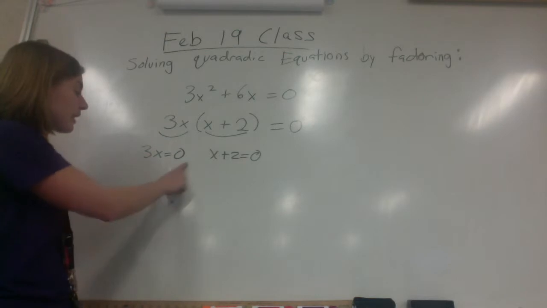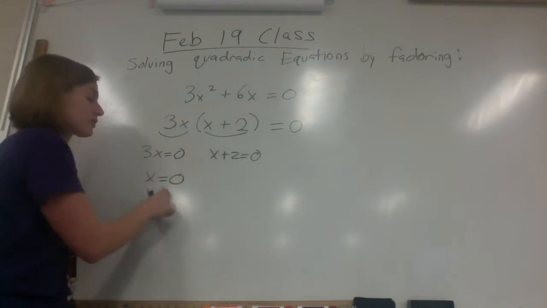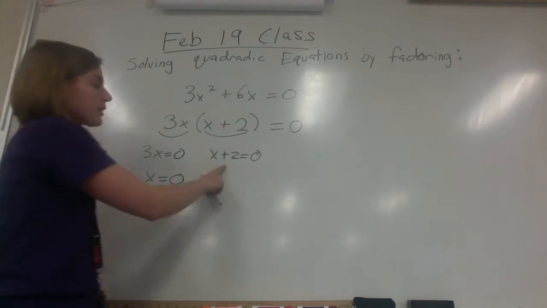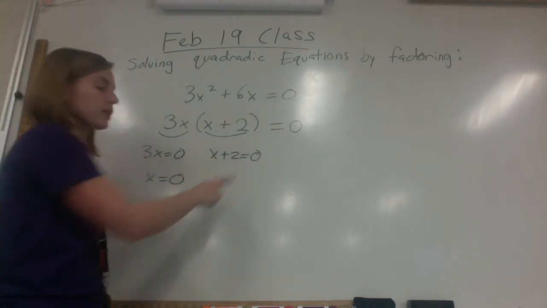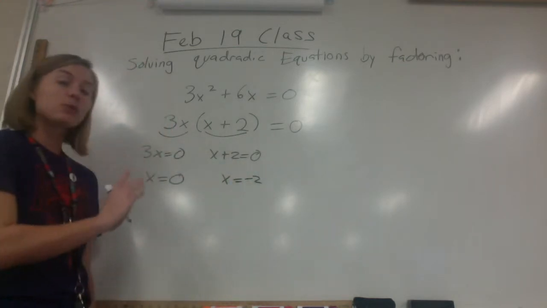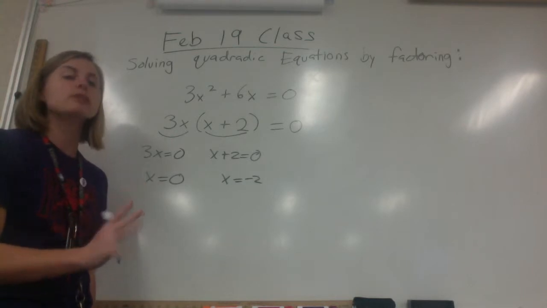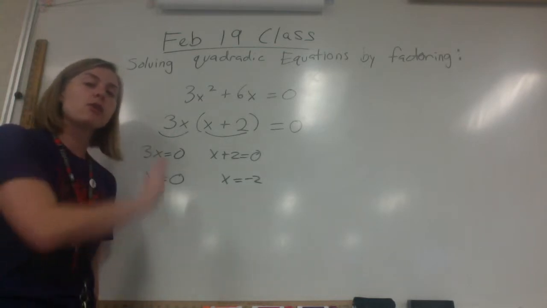So here I'm looking at, well, what times 3 gives me 0? Of course, 0. So one of the answers is 0. And over here, what plus 2 gives me 0? Well, negative 2 does. So x can equal either 0 or negative 2. It's not a combination of those 2 numbers. It's either 0 or negative 2.